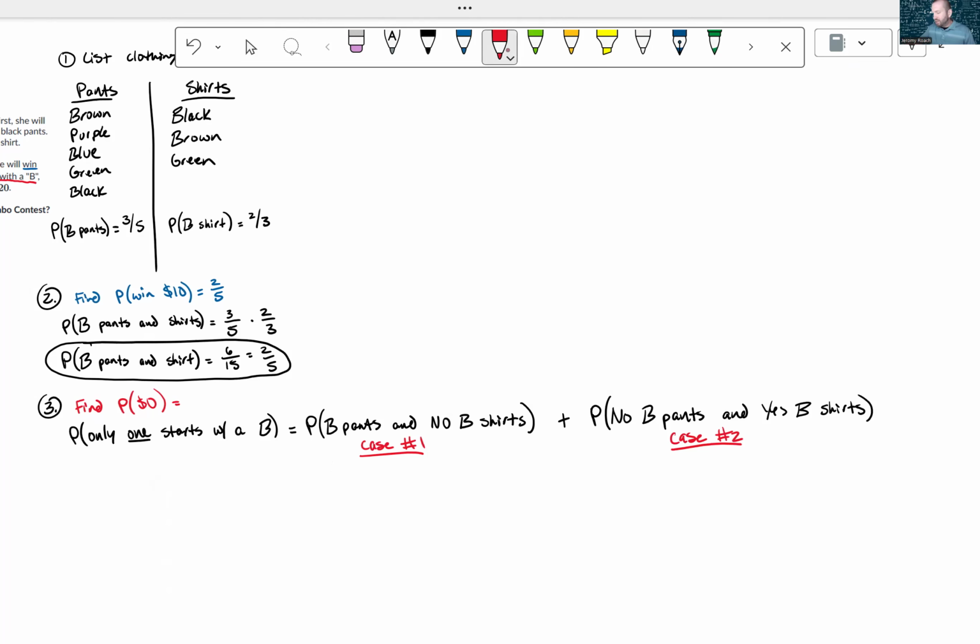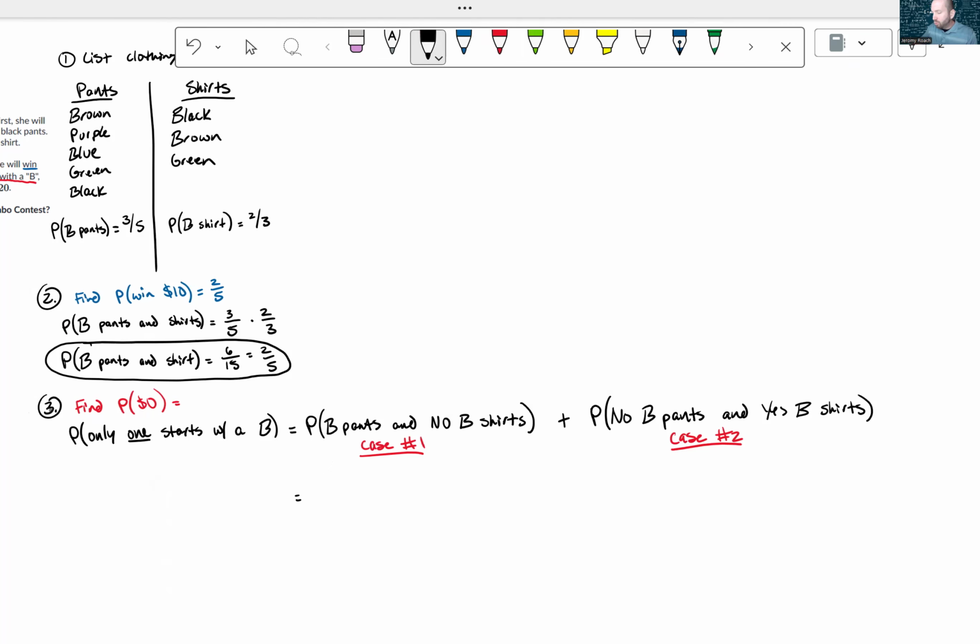So let's kind of try to conceptualize this. Case one is, yes, she has pants that start with a B, doesn't have a shirt that starts with a B. Case two is, no, she doesn't have pants that start with a B, yes, she has a shirt that starts with a B. Now we're going to figure out what these all are.